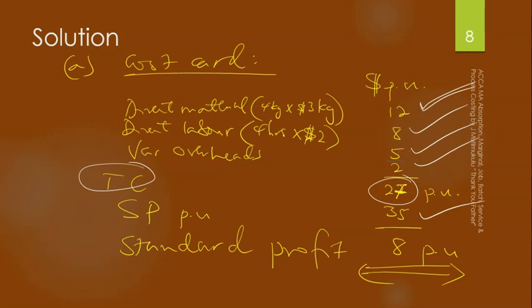According to our cost per unit, we had determined that the fixed overhead per unit was $2.